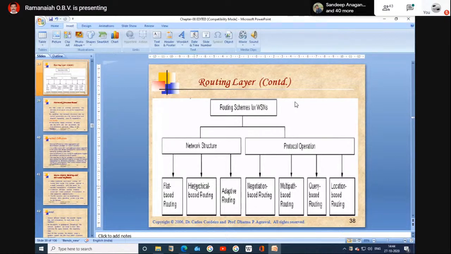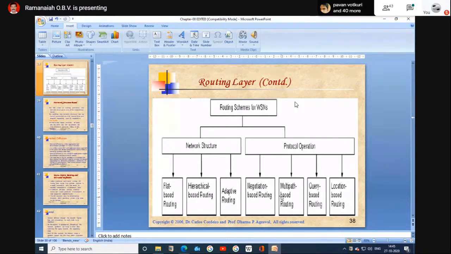Leaf nodes, cluster heads. Based on the cluster heads, you have one more level. Then at the top level, you have the base station. At the leaf level, there are nodes which do only the sensing job. At the top level, level 1, it is the base station. So this is one taxonomy.